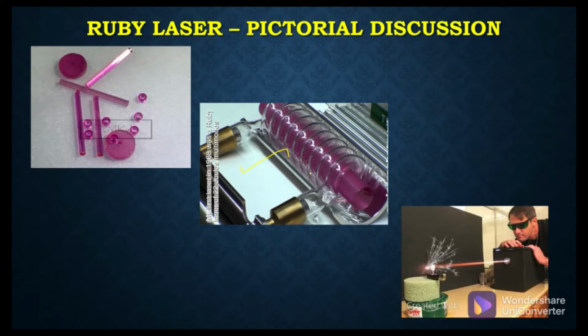So the first picture shows you the as-grown ruby laser rods. The second picture shows you how the rods are placed inside the container or the setup. And the third picture tells you what color light comes out upon operation. What is the nature of radiation emanating from the ruby laser rod?